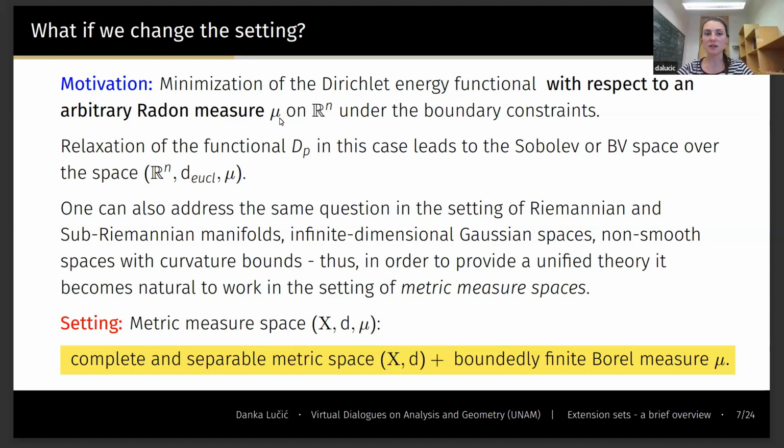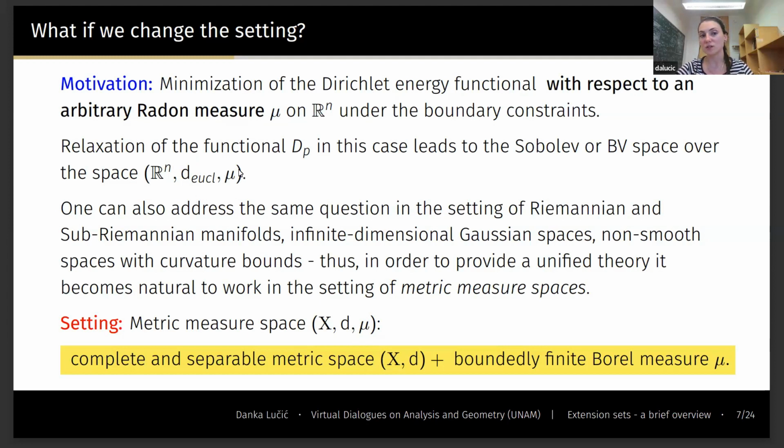So a physical example like this is telling you that when you relax your functional in this setting, starting from the smooth functions, you end up in the Sobolev space, but now over the space which is Rn, equipped with an arbitrary Radon measure.